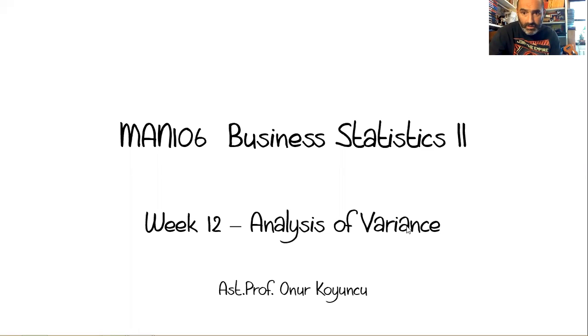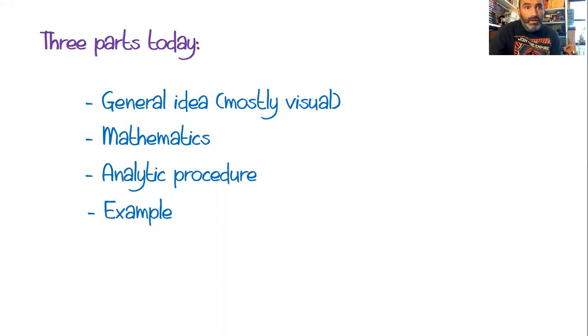Okay, so week 12, analysis of variance. Oh yeah, I said three parts, but then I added one more. So you're going to have four parts today, not four different videos, but four different sections in this presentation and in the whole lecture. I'm going to talk about the general idea.